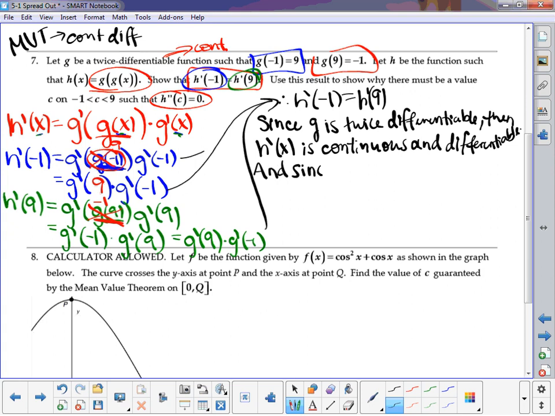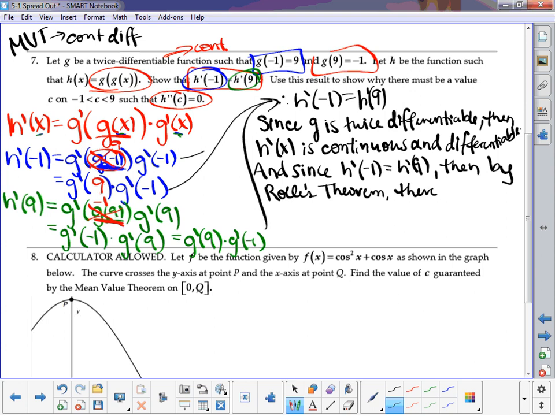Since h prime of -1 equals h prime of 9, then by Rolle's, we just write out what Rolle's theorem says.